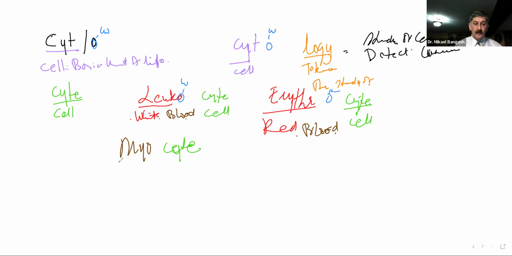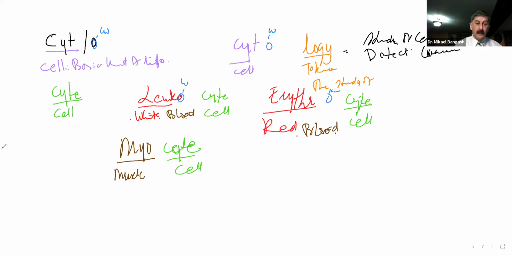The word myo itself means muscle, and site is just cell. So, muscle cell. All your muscles in the body, wherever you find muscles, are made up of muscle cells, also known as myocytes. Clear?